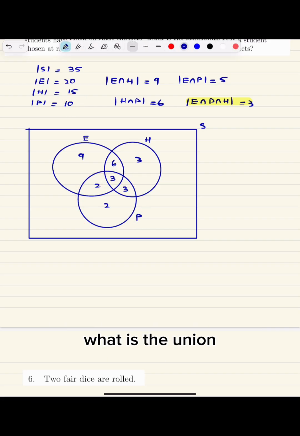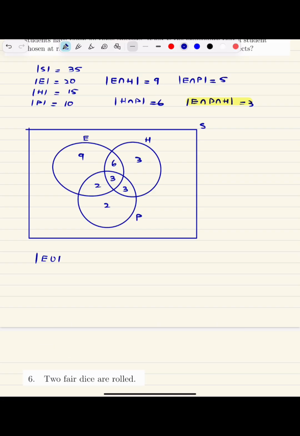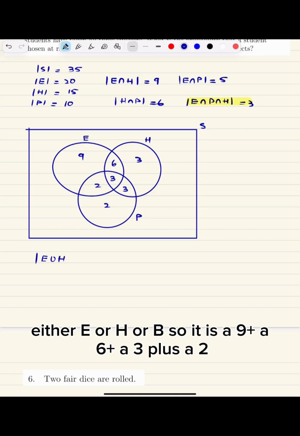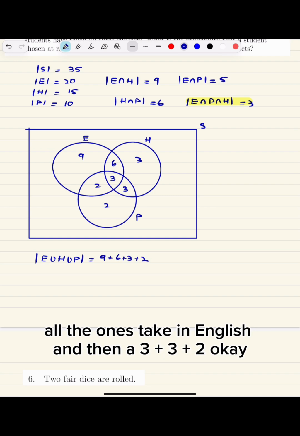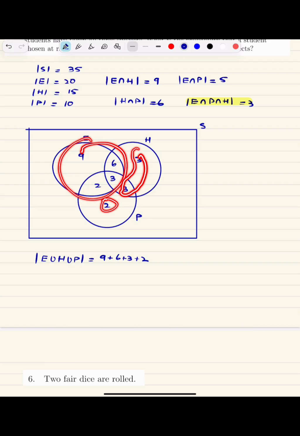So what is the union? What is the number of elements in E or H or P? So it is 9 plus 6 plus 3 plus 2, all the ones who took economics, and then 3 plus 3 plus 2.